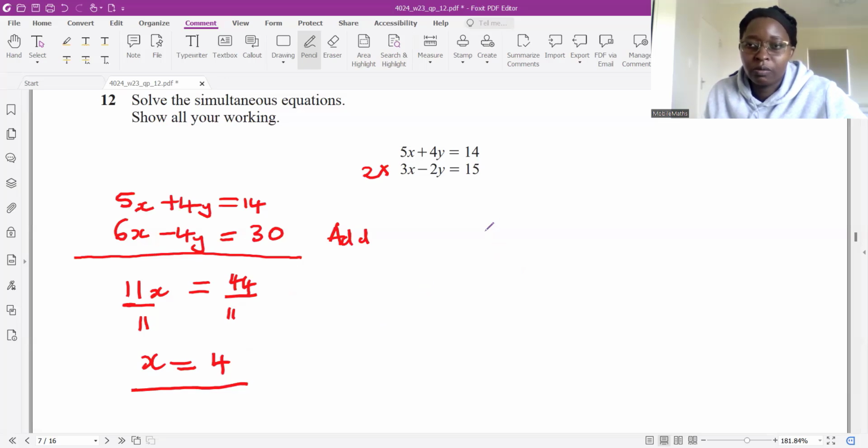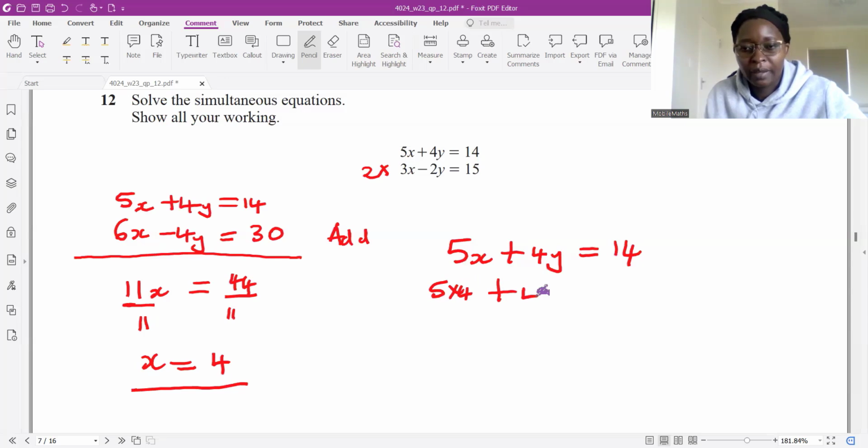So I can use this x in any equation. I'm going to use it in the first equation. 5x plus 4y is equal to 14. So this becomes 5 times 4 plus 4y is equal to 14. Okay, so this is going to be 20. So 20 goes that side, it's now a minus, so 4y is equal to 14 minus 20.